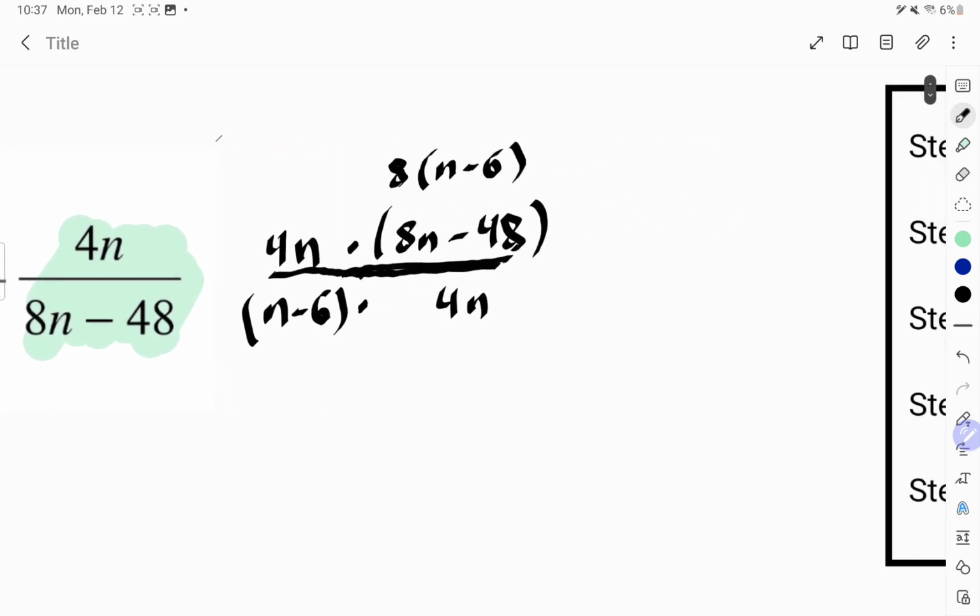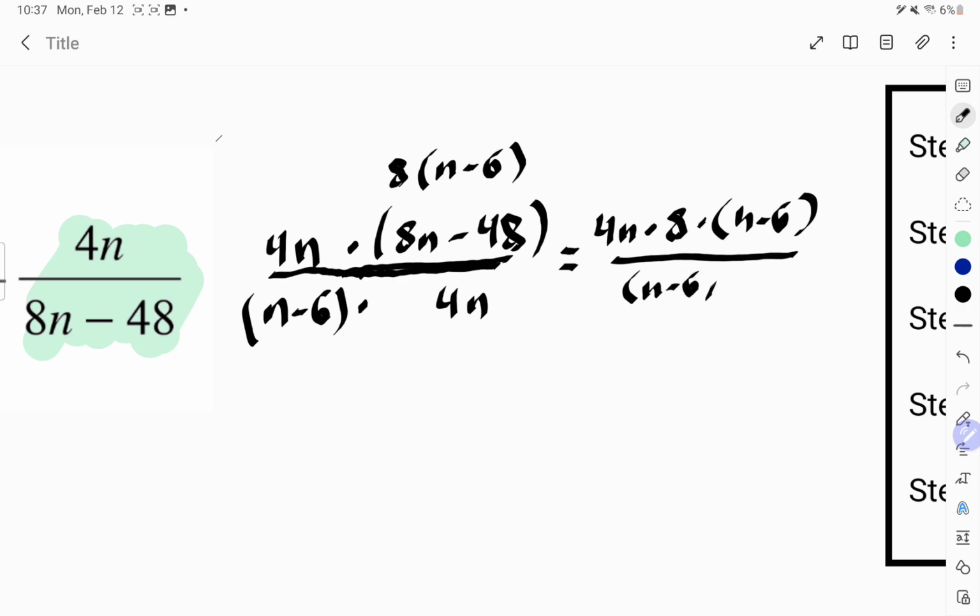Let's rewrite the fraction. I'm going to leave most of the stuff separated, like 4n times 8 times n minus 6 on the top. On the bottom, we're just going to have n minus 6 times 4n.